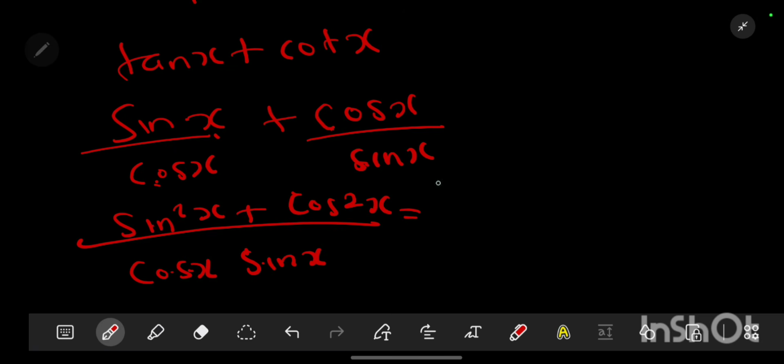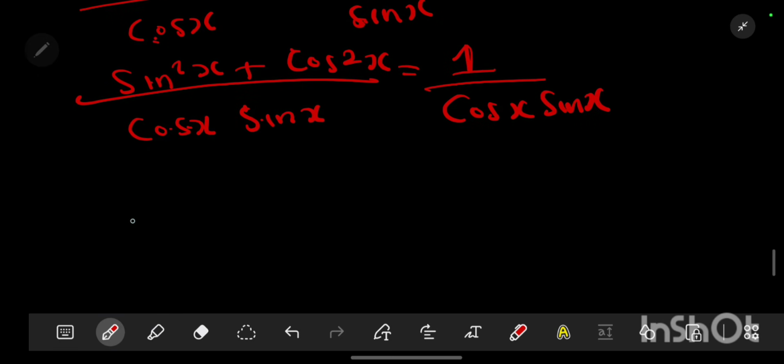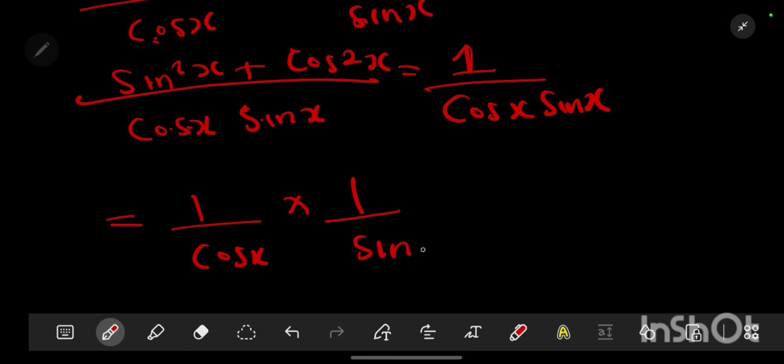Adding the squares of these will always give you 1 over the cos of x sine of x. So this gives us 1 over the cos of x times 1 over sine of x.